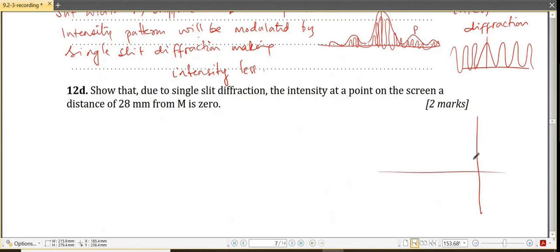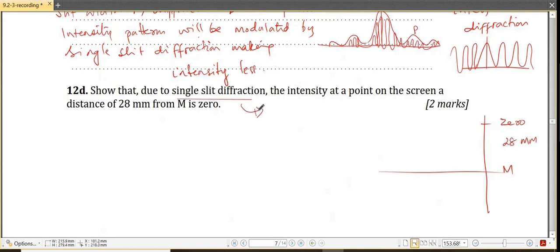So this is the zero order or the central maximum. We are talking about a point somewhere here, which is 28 millimeter away from M. Here it is a minimum intensity. We need to show that, and it is due to single slit diffraction.